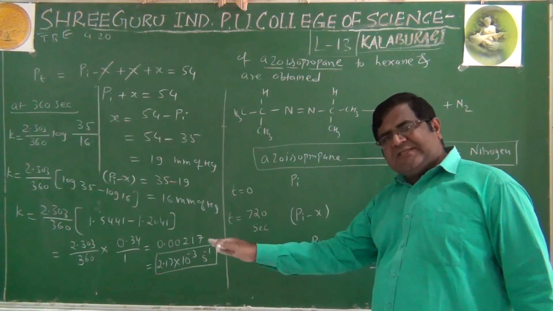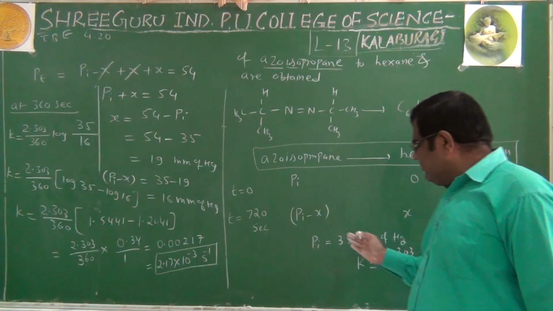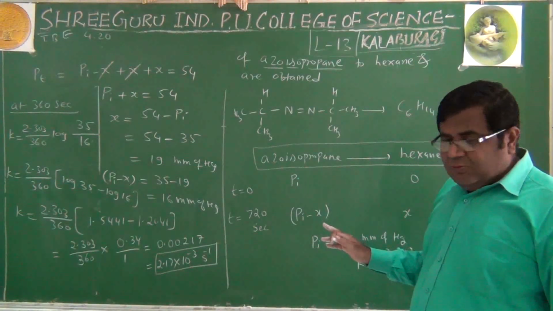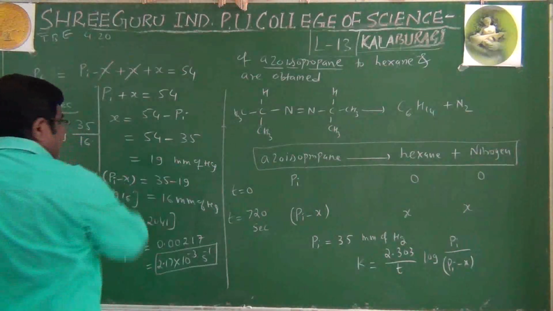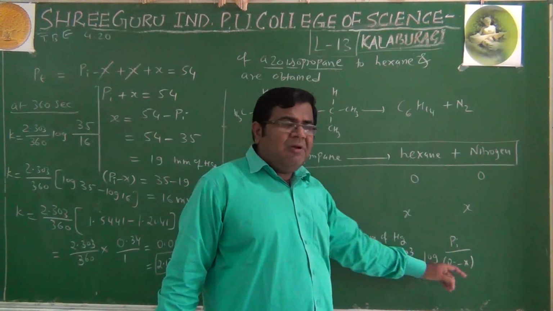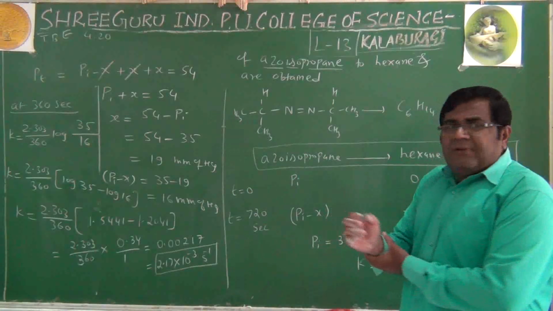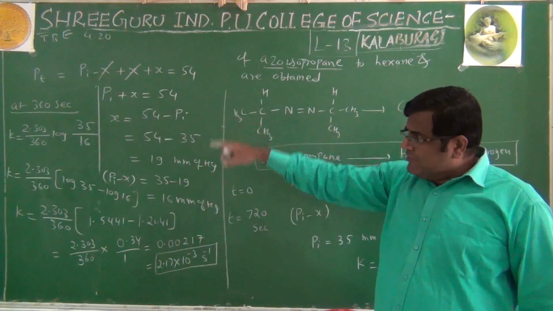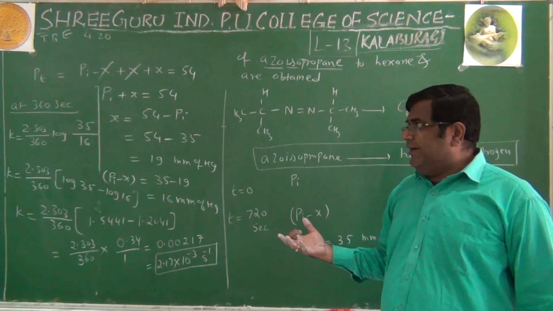If the reaction proceeds, the initial pressure is the same from which we started, which is 35 millimeter of mercury. Now we have to calculate this Pt and then this x value for the time period of 720 seconds. You can pause this video and write this, because once again I am changing values here only, so that you will know the pattern. That is the only intention I have.